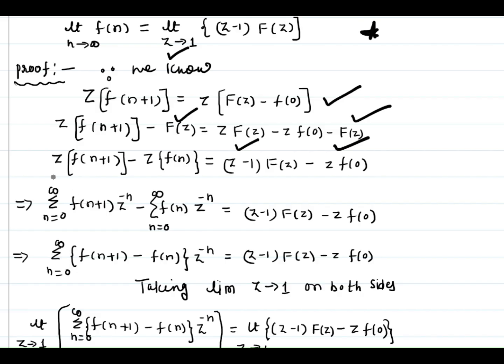Now we can just write this from n equals 0 to infinity f(n+1). We are using the Z transform definition for this, summation n equals 0 to infinity f(n+1) z to the power minus n. Similarly, here we are using the Z transform definition, f(n) z to the power minus n. This is from the definition of Z transform we are writing, and this is (z minus 1) F(z) minus z f(0) as it is.